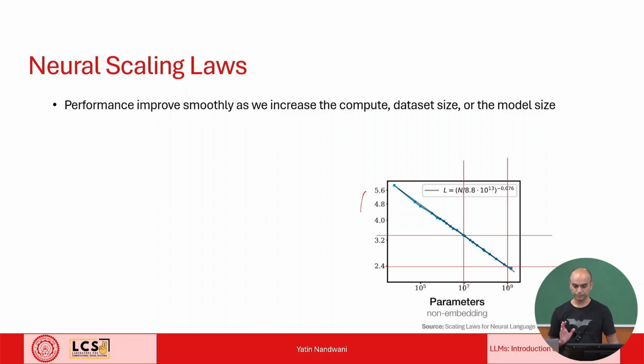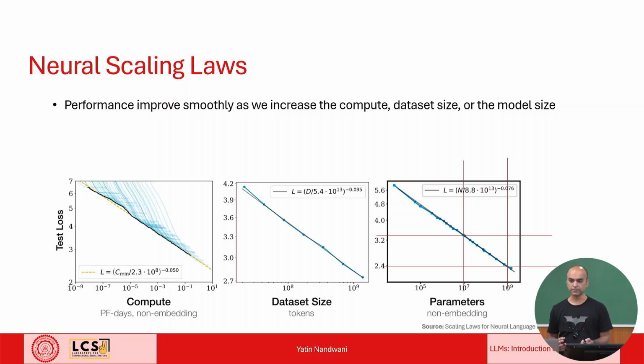You are increasing the model size and using whatever compute and whatever training data it takes to train that model efficiently. This is the reason we worry about increasing the model size, because empirically we have seen that increasing the model size improves the performance and monotonically reduces the loss.